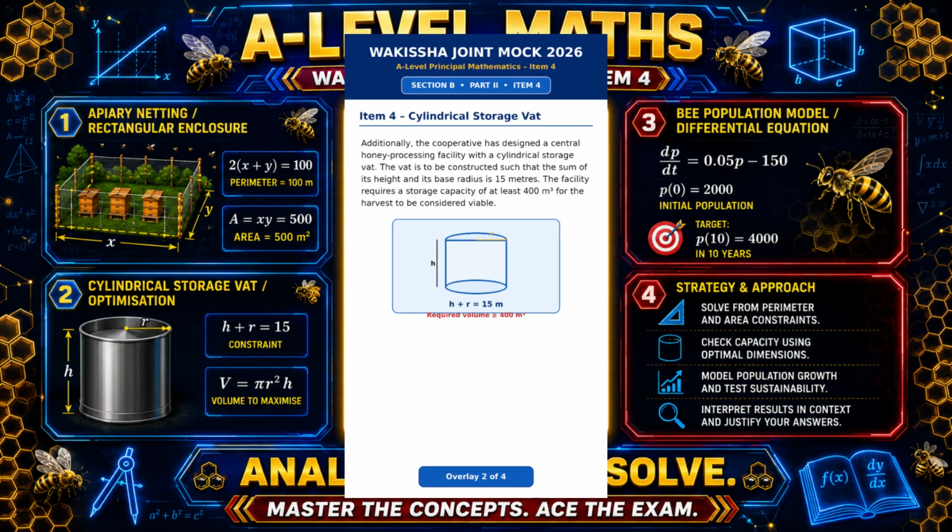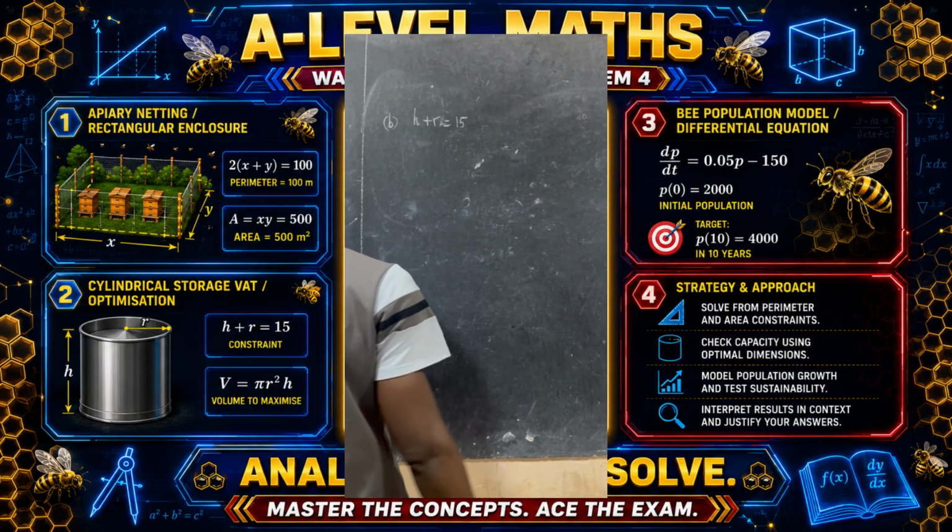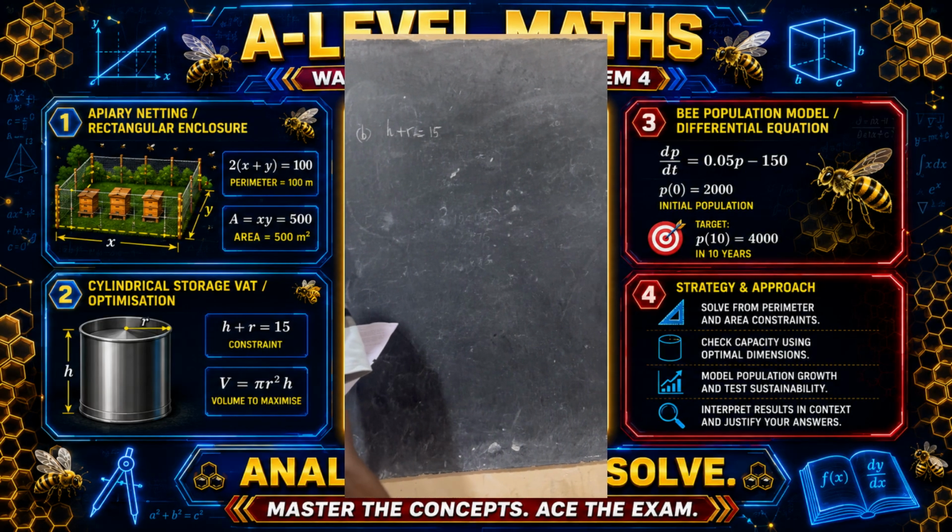Part B. I'm going to get it from the information that I have. They went ahead and said that additionally, the cooperative has designed a central honey processing facility with a cylindrical storage vat. The vat is to be constructed such that the sum of its height and the base radius is 15. This is a cylinder.